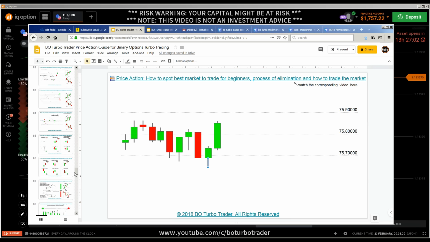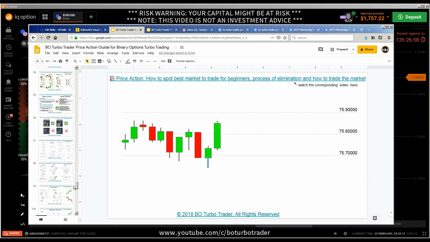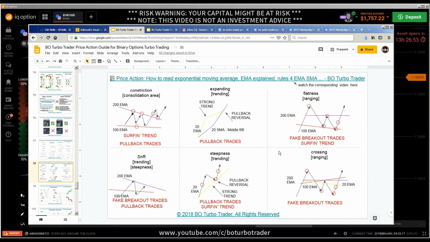That is this concept. Let me show you this so you understand it better. Here, that is flatness, yes, it's a ranging market. I can say that is the same thing. You have to trade outside of this consolidation area, yes, here or here, at the edges of the consolidation area.